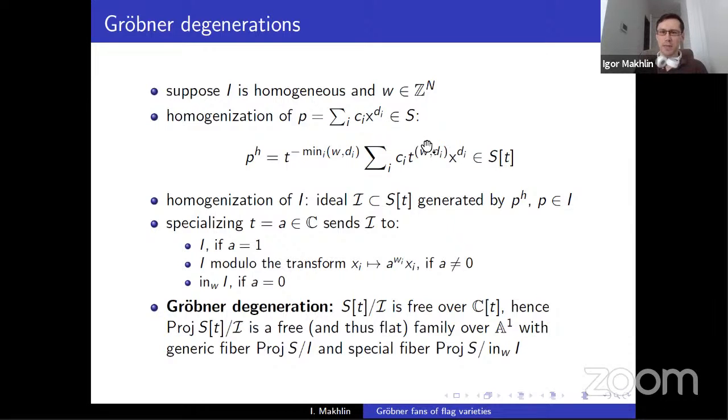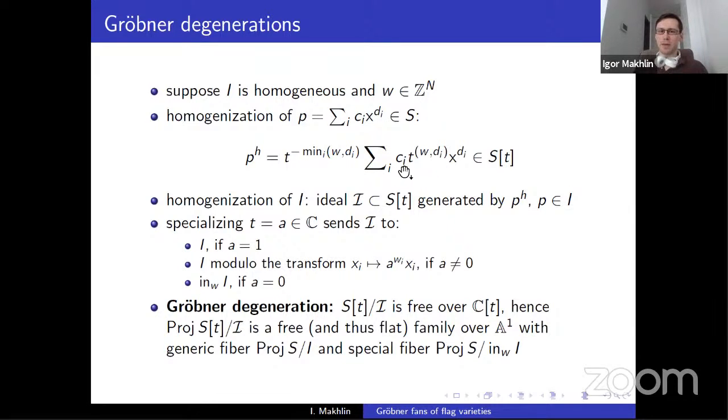And then we take this whole sum that we obtained and we multiply it by a negative power of t, so minus the minimal occurring grading of monomials. This is precisely the grading that appeared in the definition of the initial part, and this means that when we multiply by this power, we will only have t to non-negative powers.